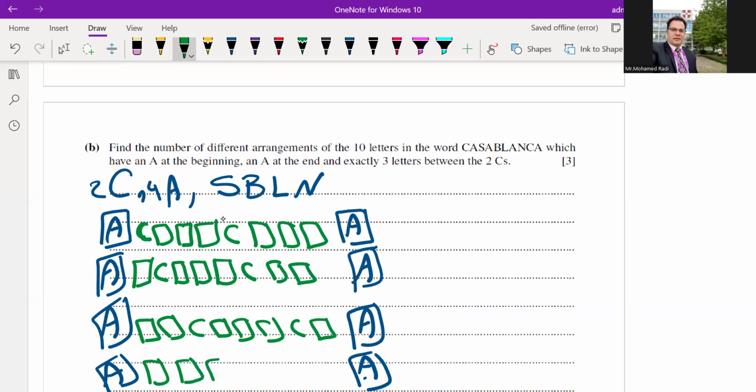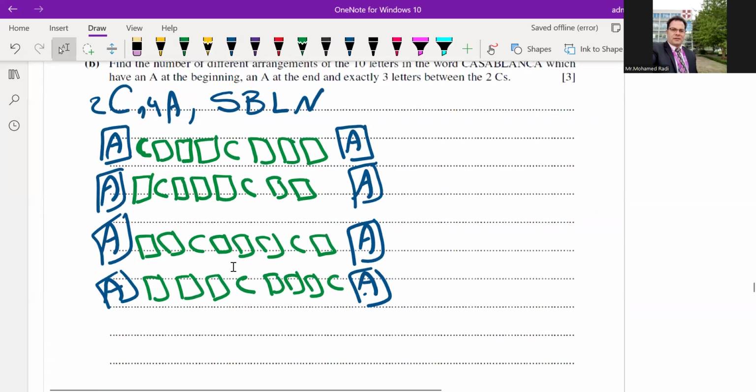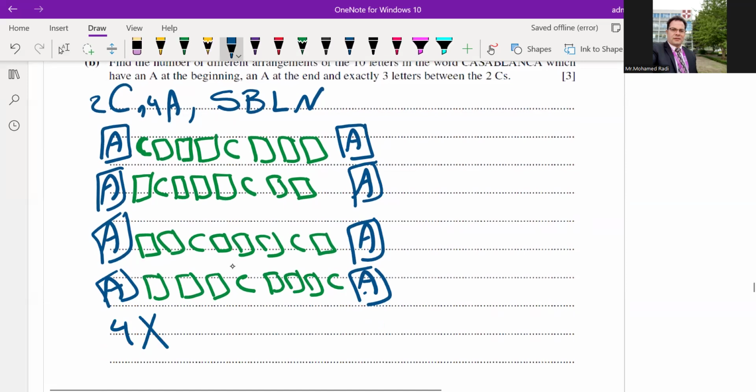Then C, then 1, 2, 3, then C. How many letters in between? 1, 2, 3, 4, 5, 6, 7, 8, and 2 left. So how many cases do we have? It's 4 cases.